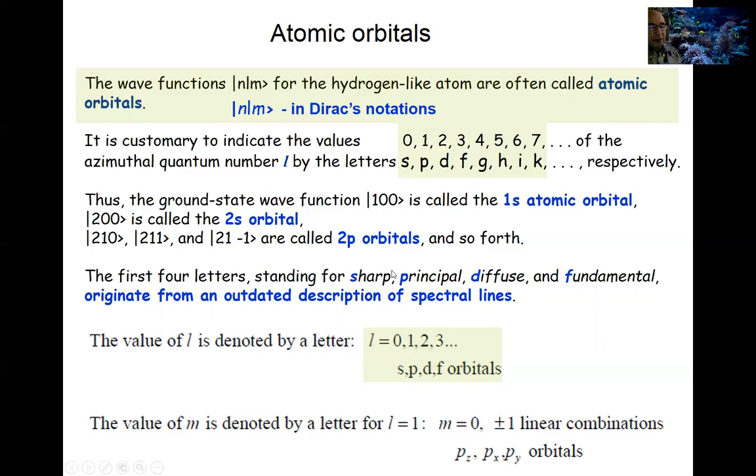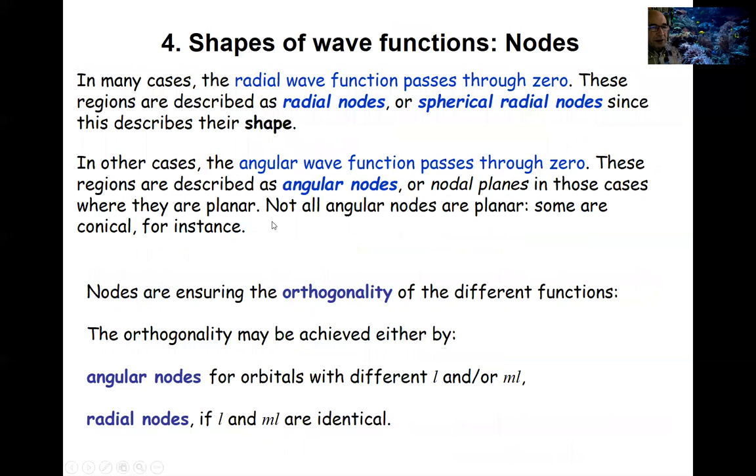These are spectra which people have been observing about 110 years ago, and which they called sharp, principal, diffuse, fundamental, etc. Then they explained them and called these different values of the azimuthal quantum number p, d, and f. So that is interesting.